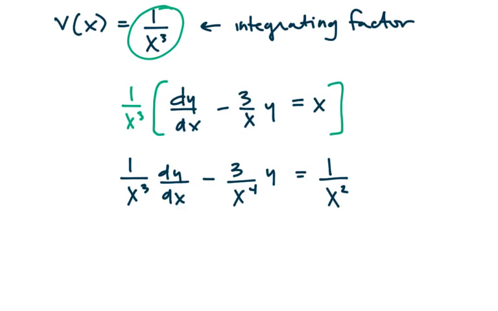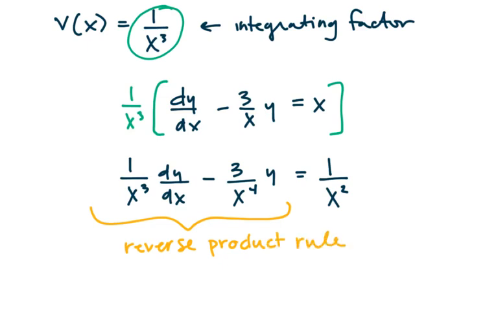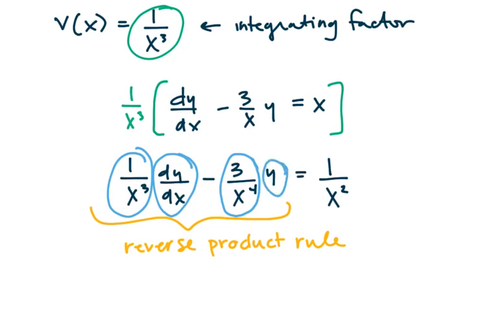The reason we did the proof where we determined what our integrating factor would be is because this creates the reverse of the product rule. Looking at what we have here, we've got this x function times the derivative of y, minus the derivative of the x function times y.